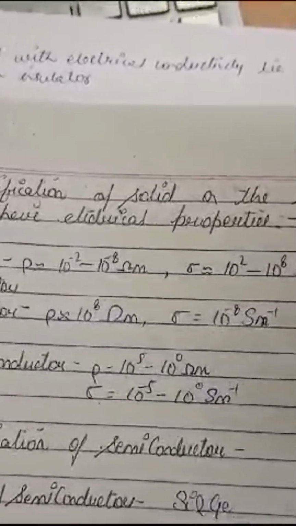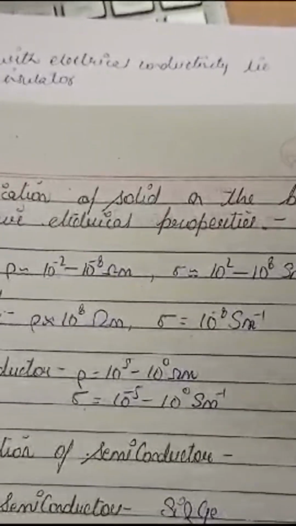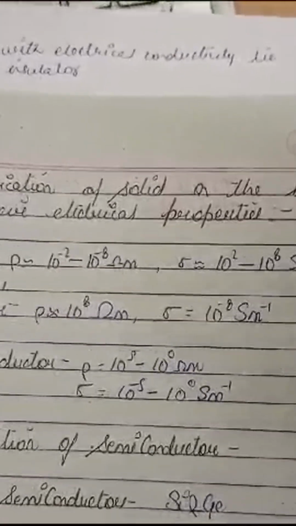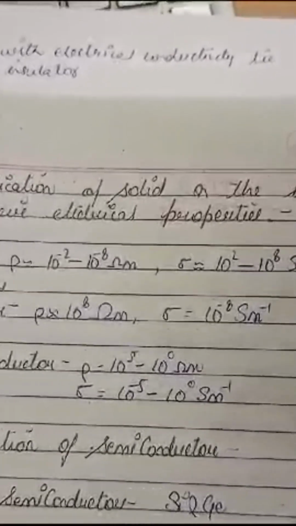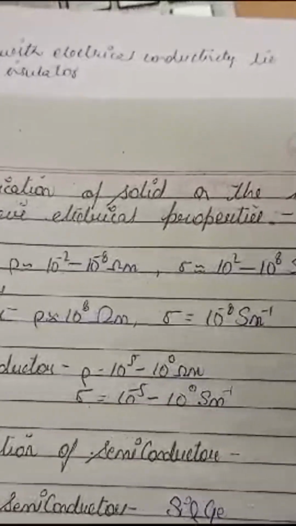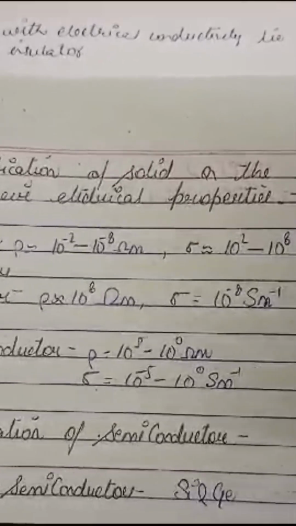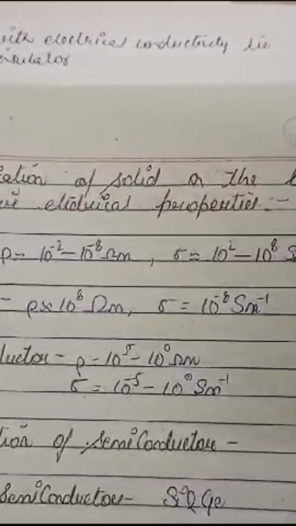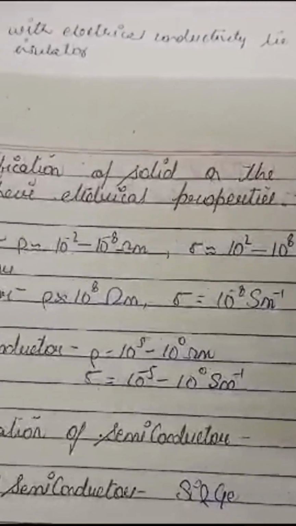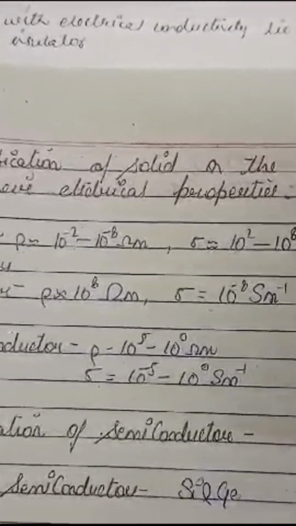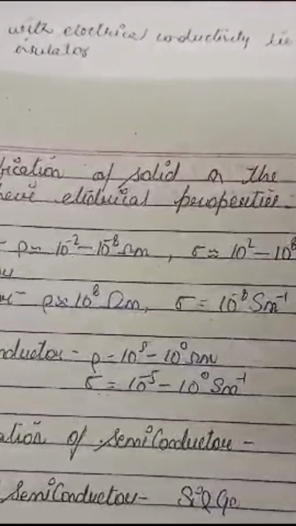A conductor is a material that allows the free flow of electrons, resulting in high electrical conductivity. A few of its characteristics are that it has very low electrical resistance, meaning the resistivity is in the range of 10 to the minus 2 to 10 to the minus 8 ohm meters, and because of the large number of free electrons in the conduction band, its conductivity is high.